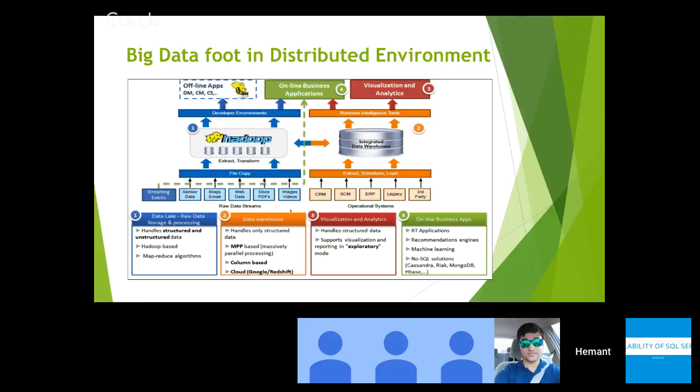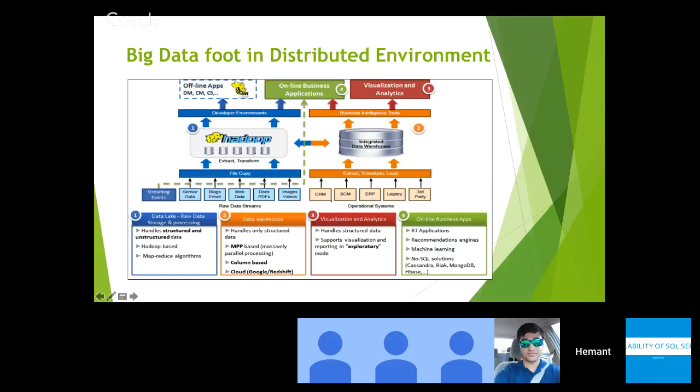What are those abbreviations? CRM, SCM, ERP? I think it's content management, data management, and I don't know what the CS is for here. I meant the ones that are actually getting fed into the extract, transform, load into the data warehouse. CRM, SCM, ERP, legacy, these blocks. Over here?